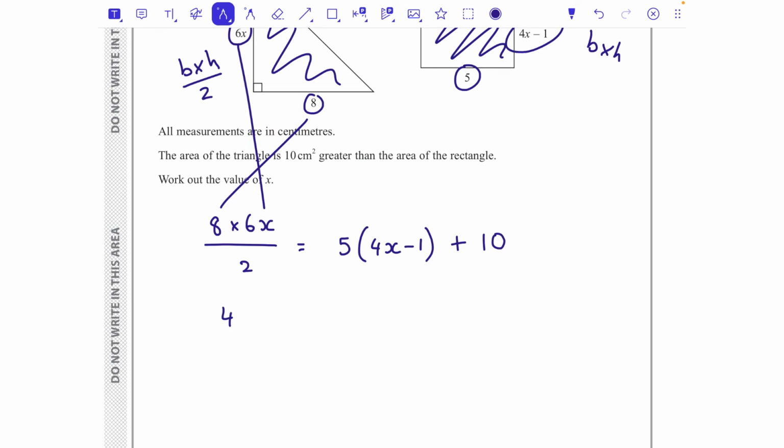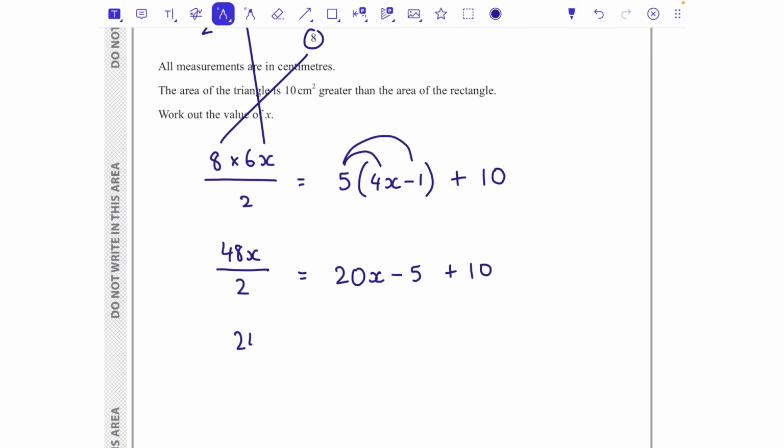So I've got 48x over 2 is 24x, and that equals 20x minus 5, because I'm doing this times this and this times this. Add 10, which becomes 20x add 5, because I'm at minus 5 and I'm adding 10, which brings me up to positive 5.